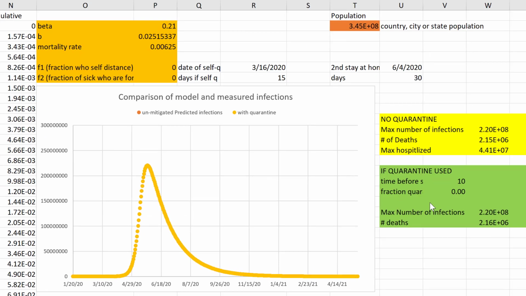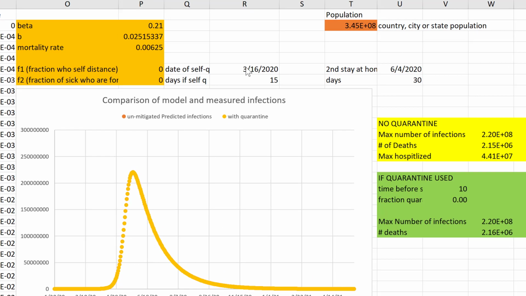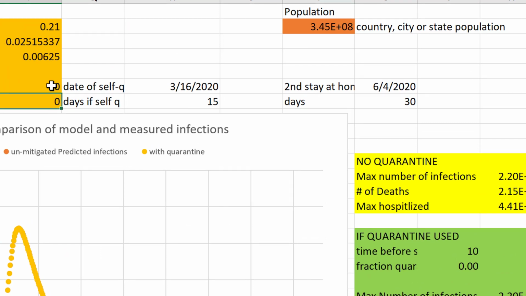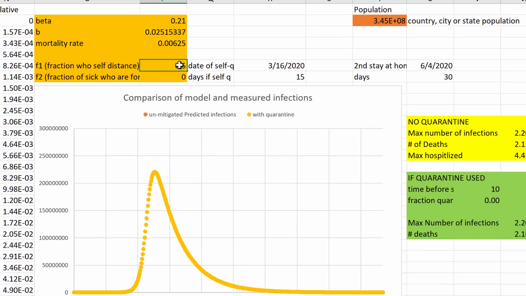Let's use our spreadsheet to explore the effect of social distancing. 2 weeks back, on the 16th of March, there was a nationwide self-distancing policy put in place by the president. Let's assume that it started on the 16th of March, was set to last 15 days, and 50% of the population actually abided by that.